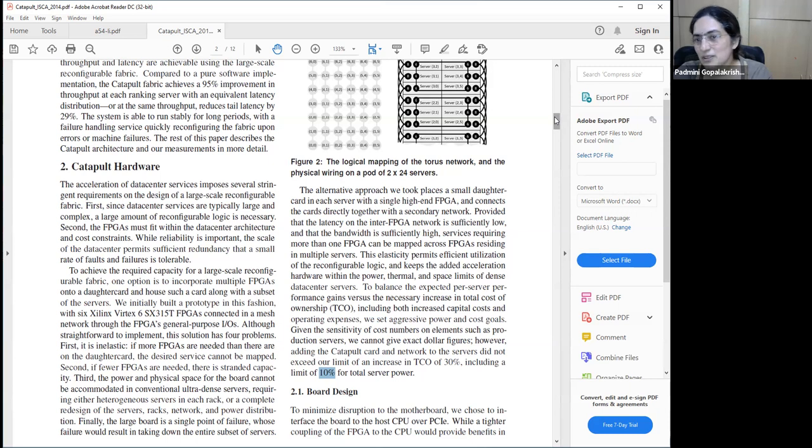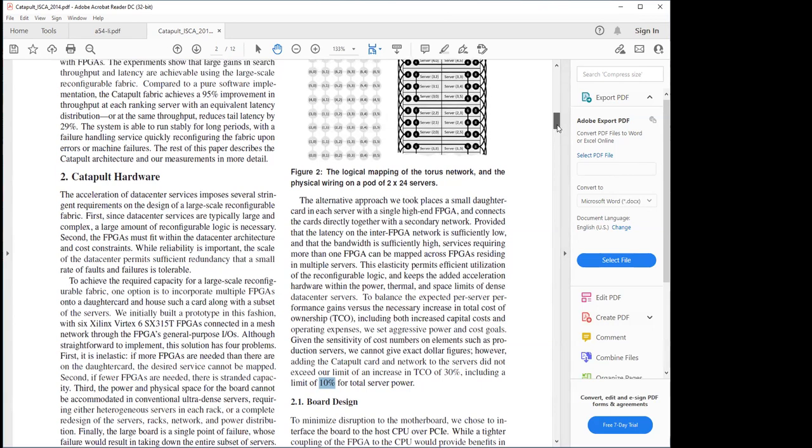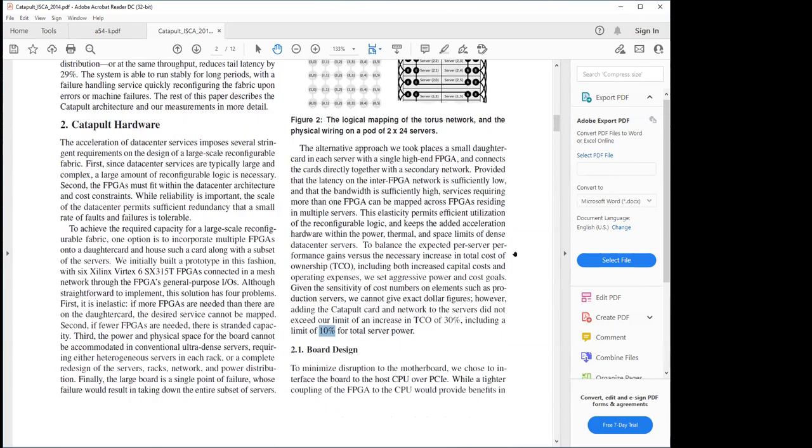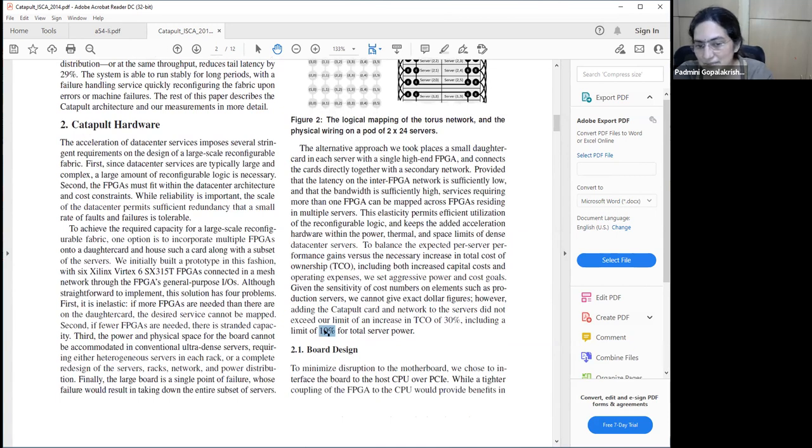It depends on what you're accelerating, right? See, you may be taking less power, but you may be running something at a much higher performance also. Okay. But at the same time, the CPUs won't be overloaded with that, right? Correct. That is why they are saying the total server power may not increase by more than this, right?